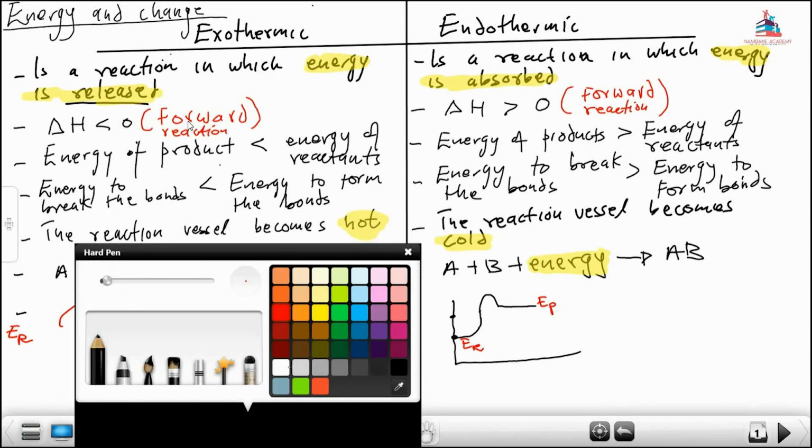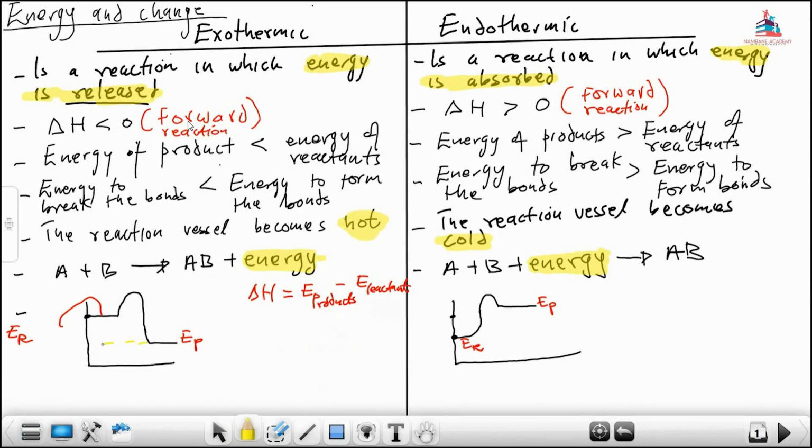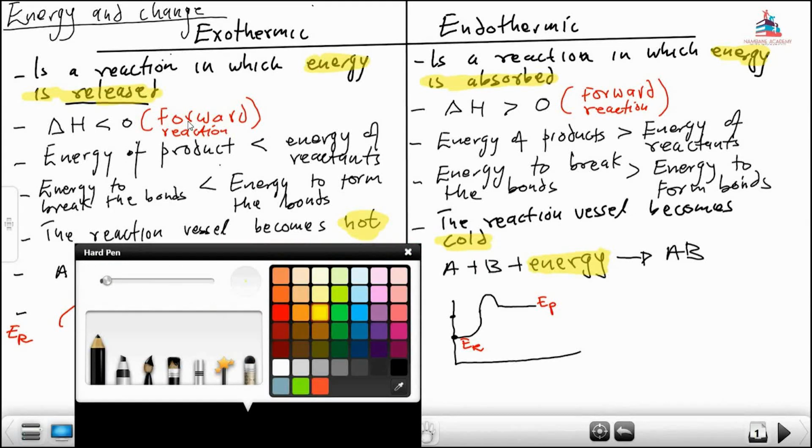So what does this say? It says to me this part here will represent now my delta H. Why will it represent delta H? Because it is now the energy of the products minus energy of the reactants.